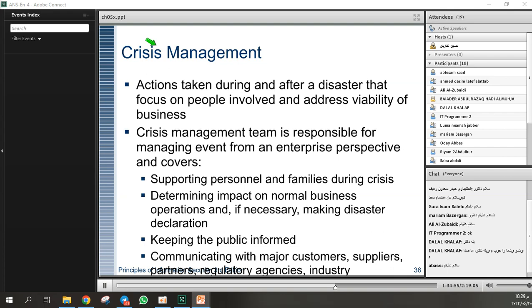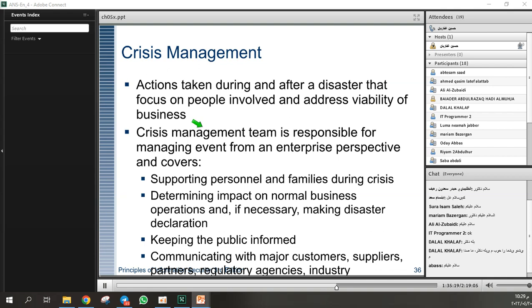Let's suppose that an earthquake happened in Iraq, for example. When it happens, all the people in the Iraqi city would be affected by the earthquake. Not only the University of Iraq is affected by the earthquake.